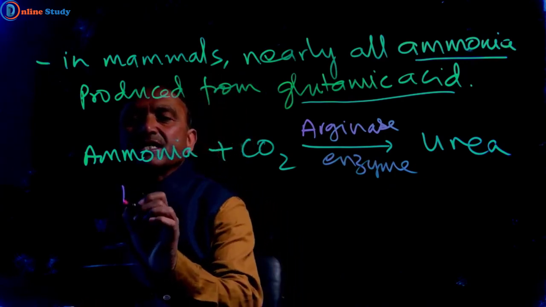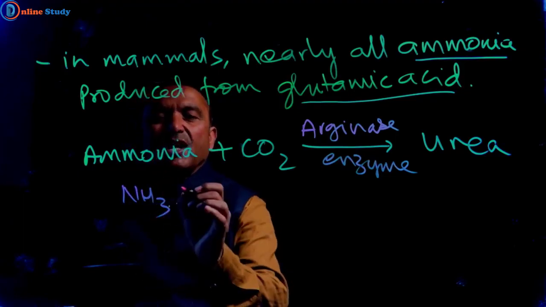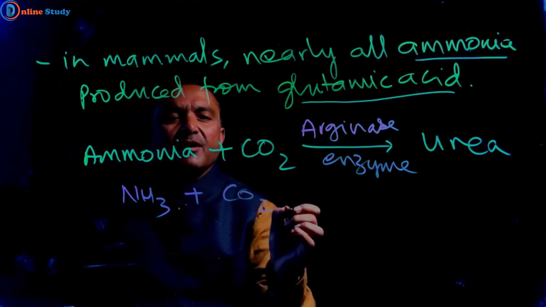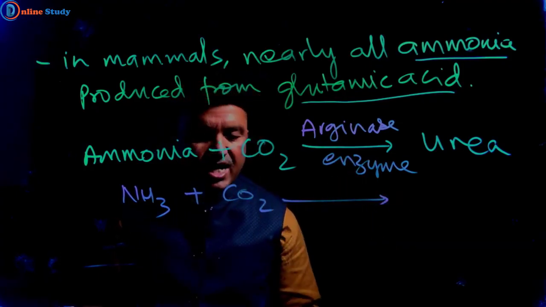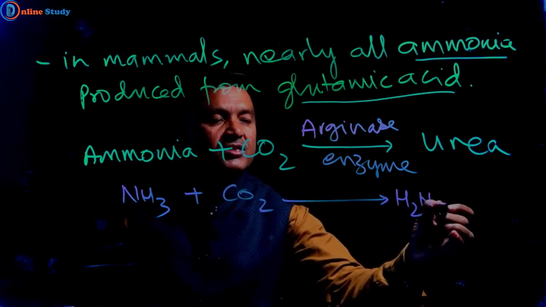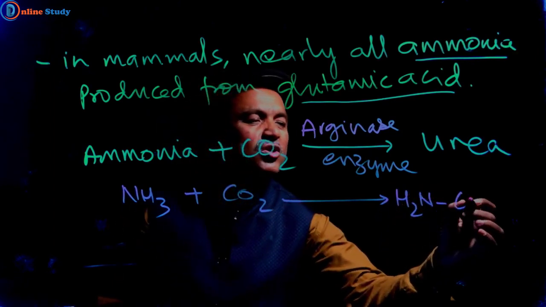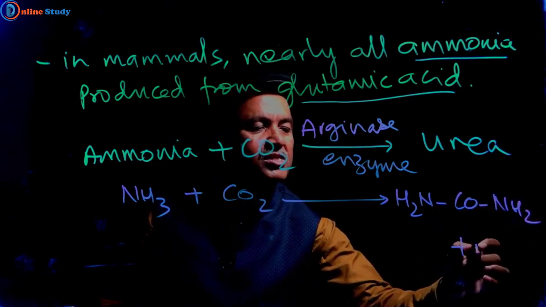We can write NH3, this is ammonia, combines with carbon dioxide in presence of arginase enzyme and forms urea, H2N-CO-NH2, plus water.